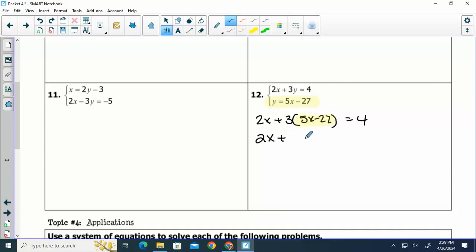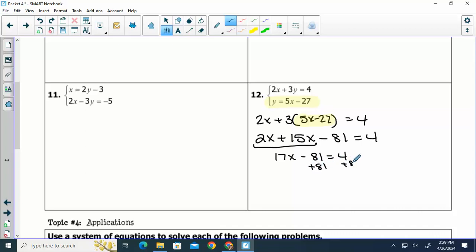So we get 2x plus 15x minus 81 equals 4. 2x plus 15x, 17x minus 81 equals 4.